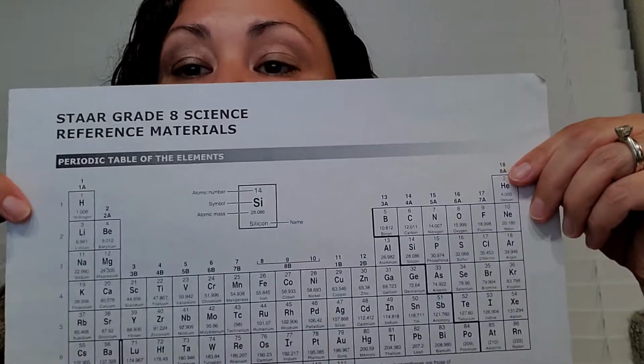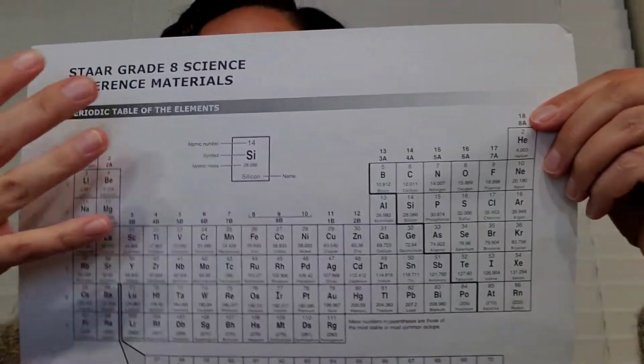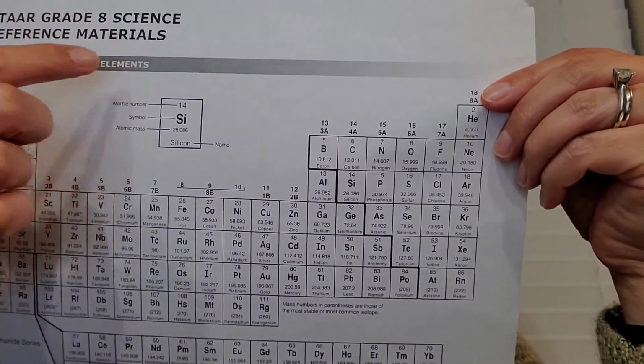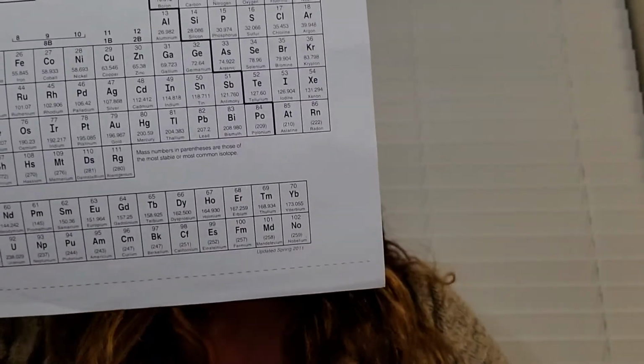So that takes me to the periodic table of elements. So it's important to realize that the whole table is all different elements. So an element is that pure substance that we're talking about as far as the properties.